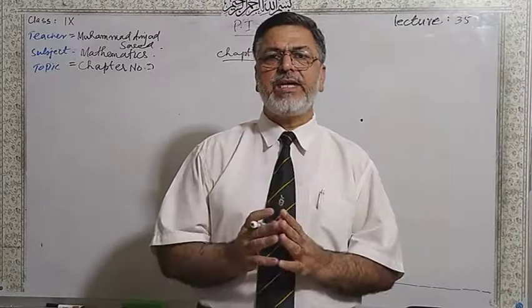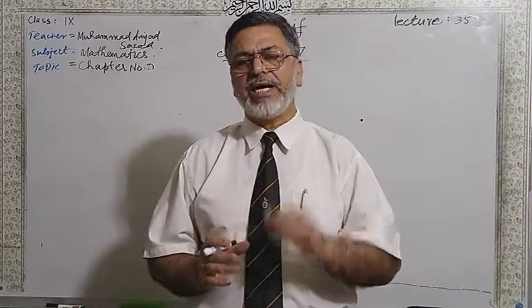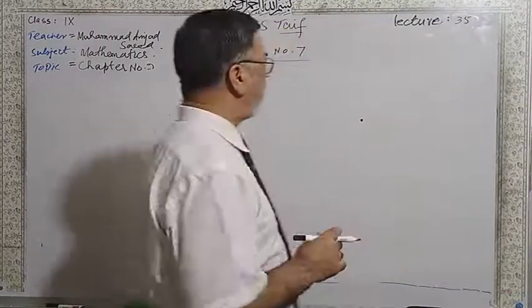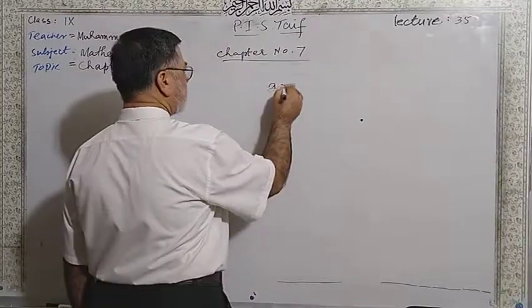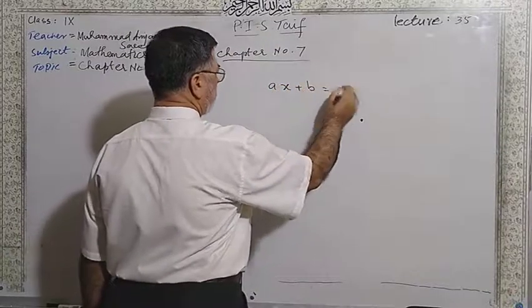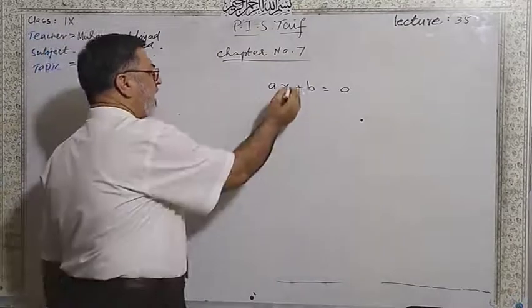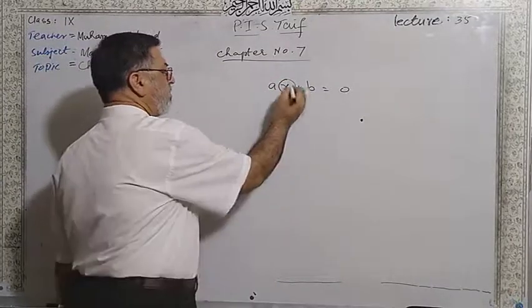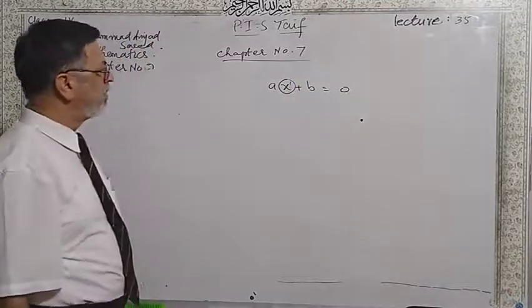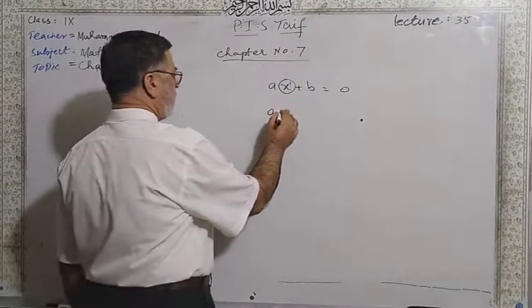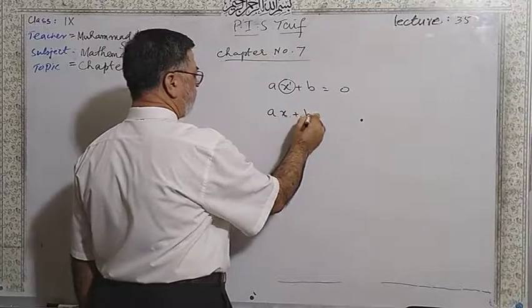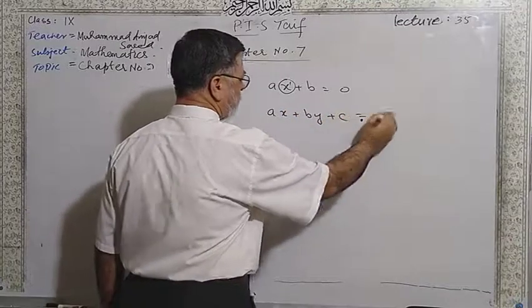In case of linear equation, we have two types. One is ax plus b is equal to 0. This is a linear equation in one variable, that is x. Its maximum power is 1. Here we have ax plus by plus c is equal to 0.